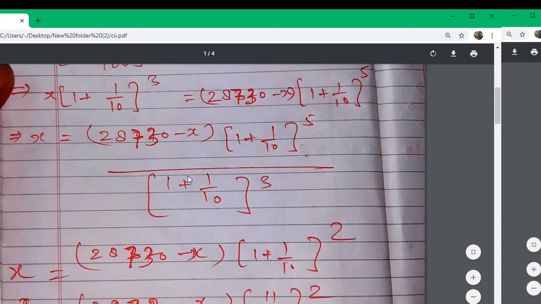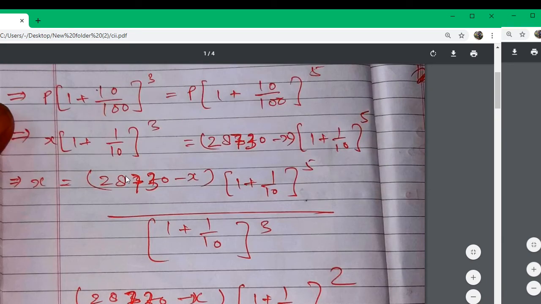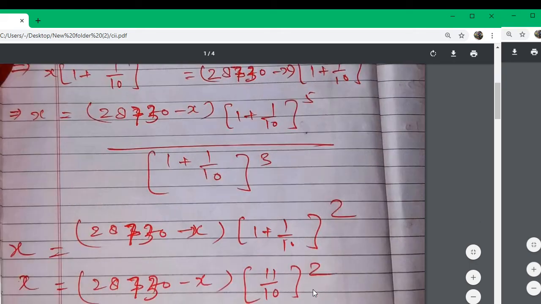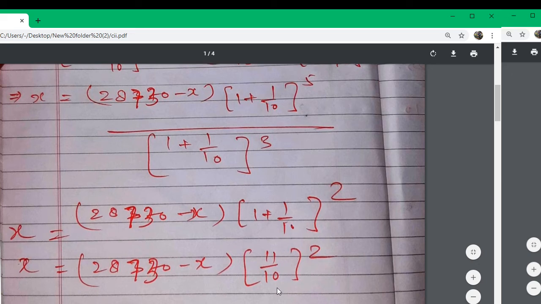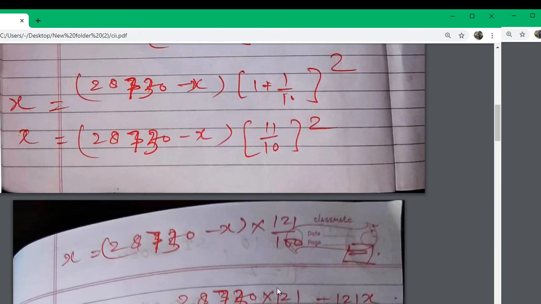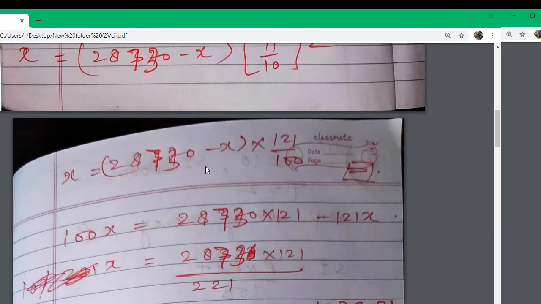So here the amount will remain 28730 minus x into 1 plus 1 upon 10 to the power 2. When you solve 1 plus 1 upon 10, you will get 11 upon 10 to the power 2. Then 28730 minus x, 121 upon 100, because the square of 11 is 121, the square of 10 is 100.